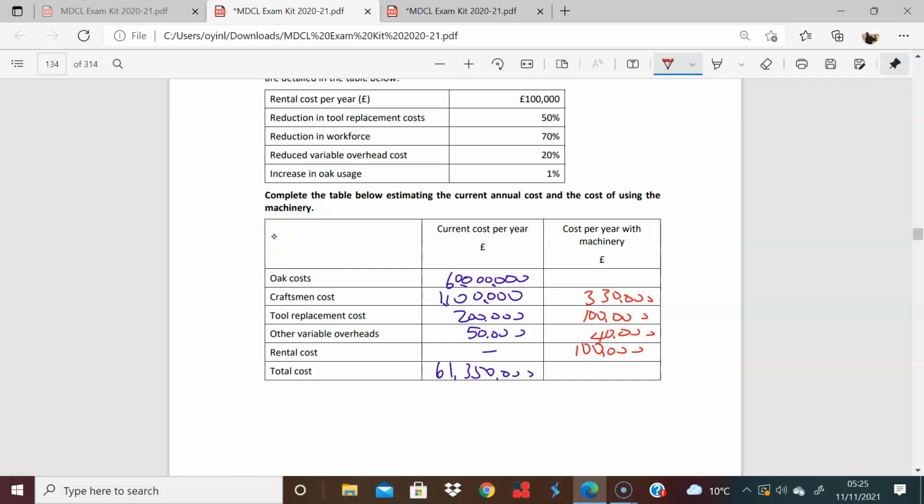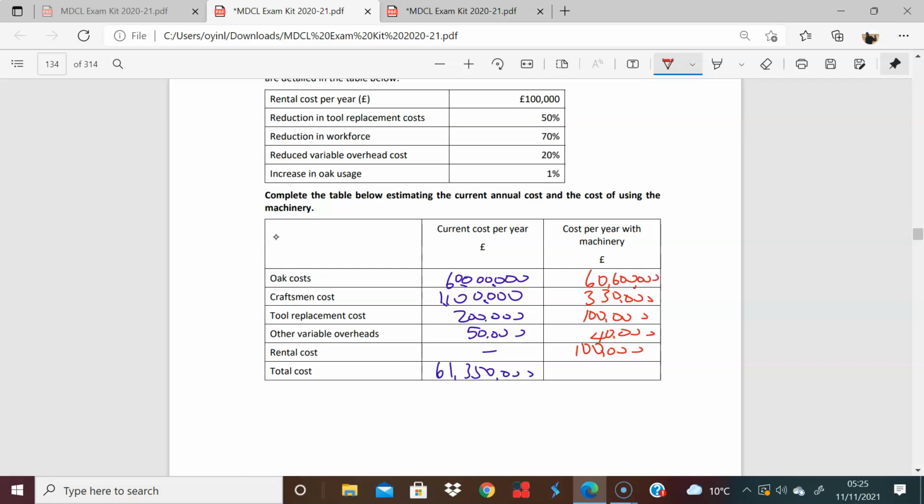And then your oak costs: it says you'll have an increase in oak usage by 1%. So 1% of 60 million is 600,000. So that's what you're going to have.